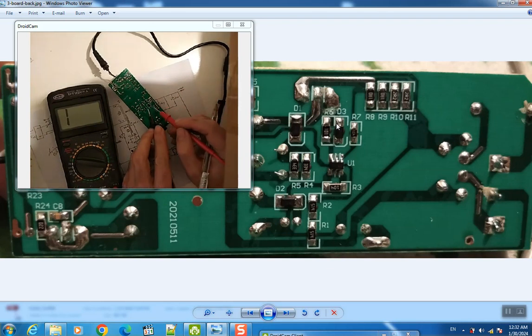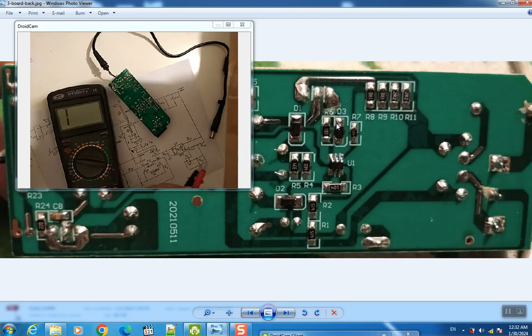This is a sense pin of unit 1. This is O7. These resistors could be this one, this one.